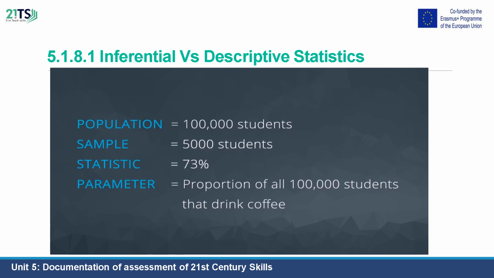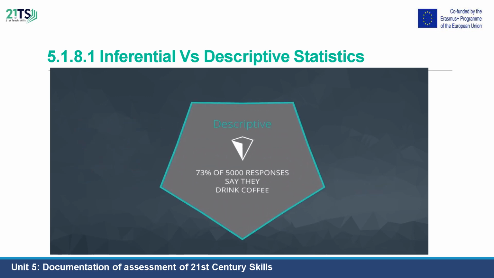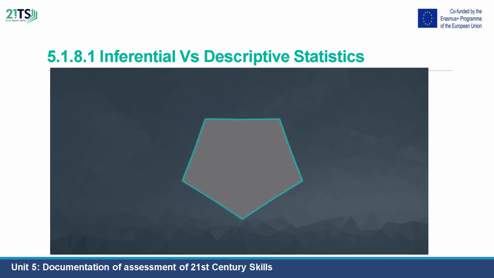Unfortunately, not everyone responds to my email blast. Some of the emails don't even go through. Therefore, I only receive 5,000 responses. I find that 73% of the individuals that responded to my email blast say they do drink coffee. Descriptive statistics is about describing the data we have. That is, any information we have and share regarding the 5,000 responses is descriptive.